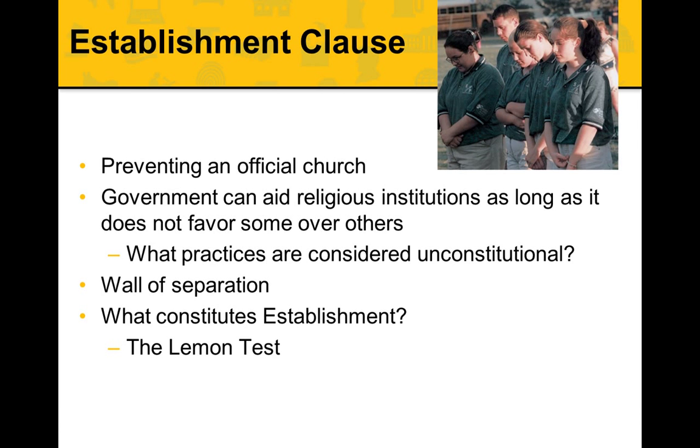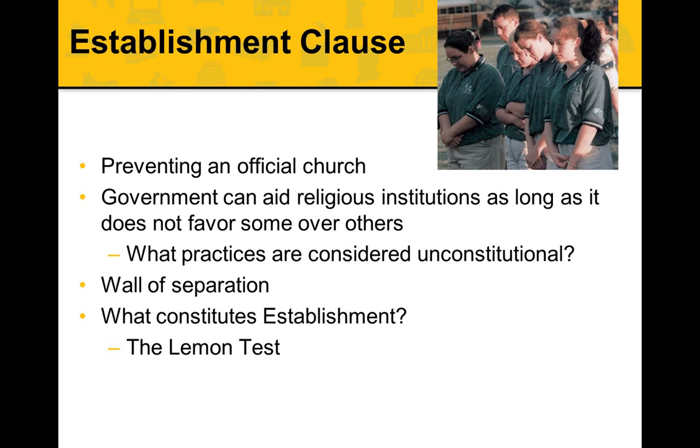The court attempted to clarify this establishment issue with what is called the Lemon Test, and it's out of a court case that occurred in 1971 called Lemon v. Kurtzman. That's Lemon v. Kurtzman in 1971. It's known as the Lemon test, and there's 3 parts, so you're going to want to write this down.